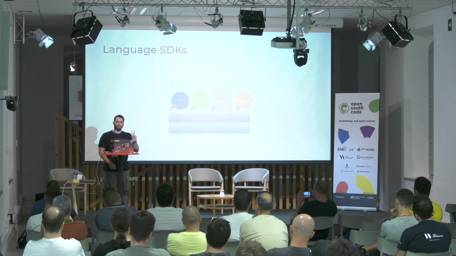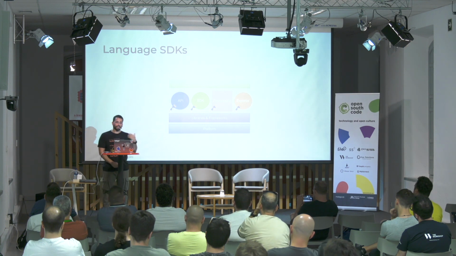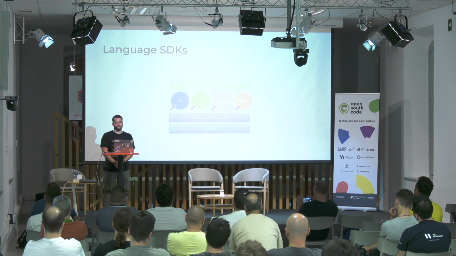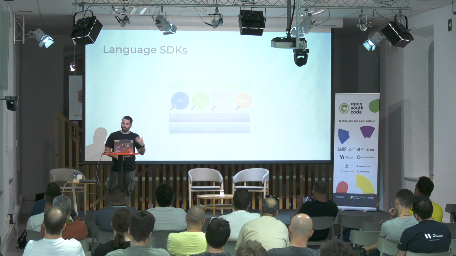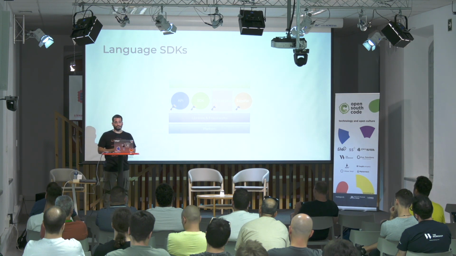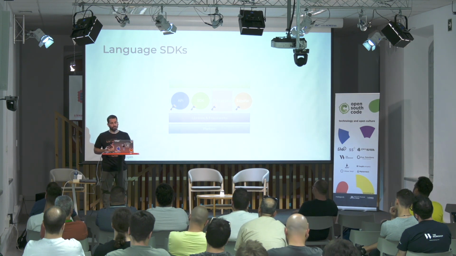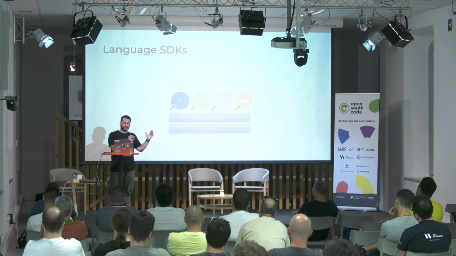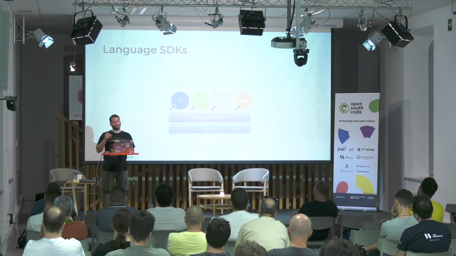Usually we have two different repositories for every programming language. The first one is called the core repository. There you can find the actual implementation of the specification, the core implementation. And another repository that we have is called the programming language name underscore contrib.